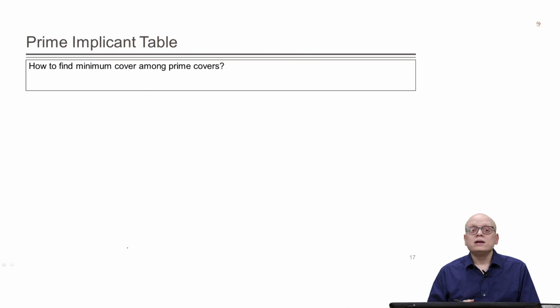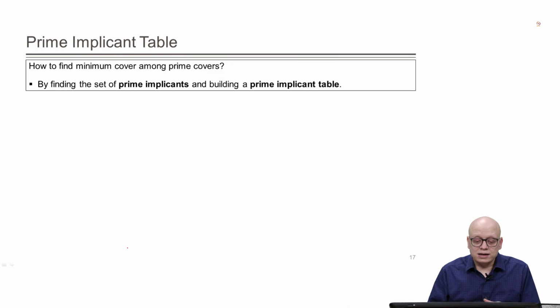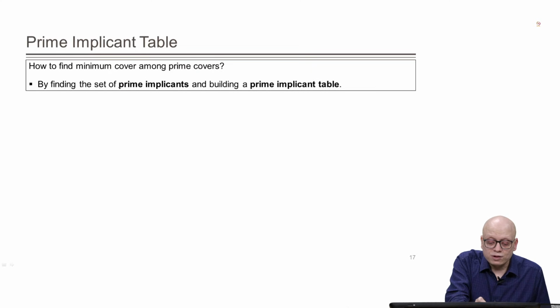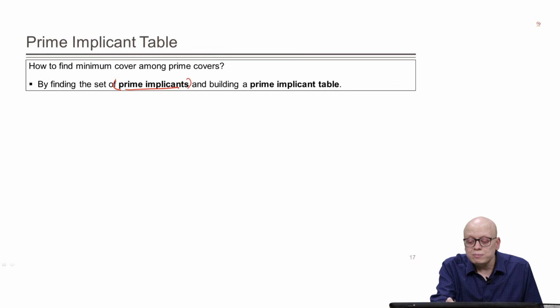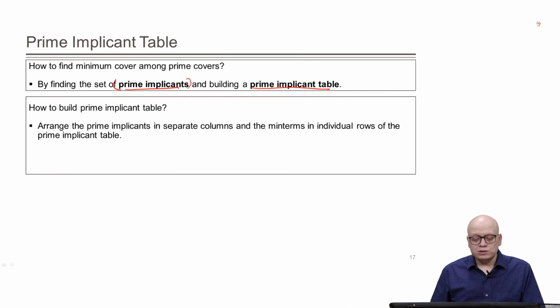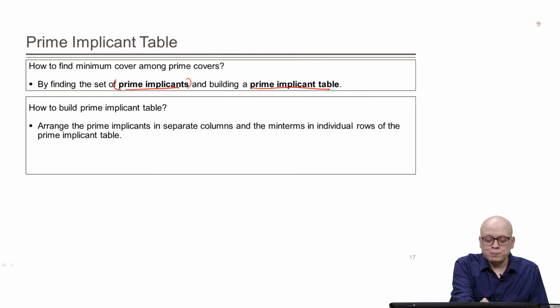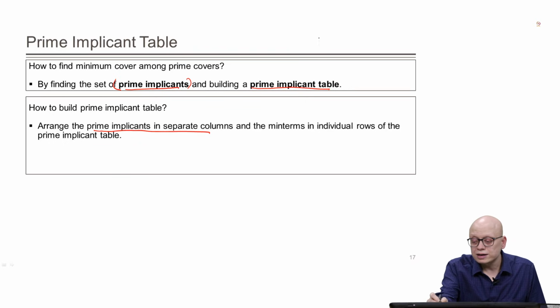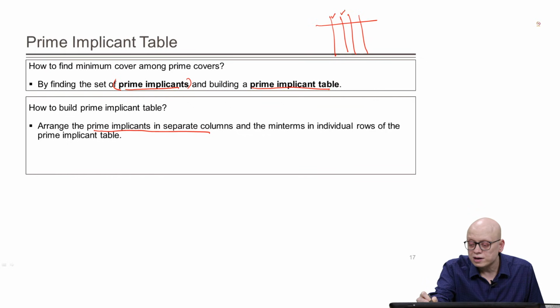Now, how to find the minimum cover among the prime covers? We can do it by first finding the set of prime implicants for a given function, and then building a prime implicant table. Now, what is a prime implicant table? We build a prime implicant table by arranging the prime implicants in separate columns: prime implicant 1, prime implicant 2, prime implicant 3 and so on, and the minterms are in the individual rows.